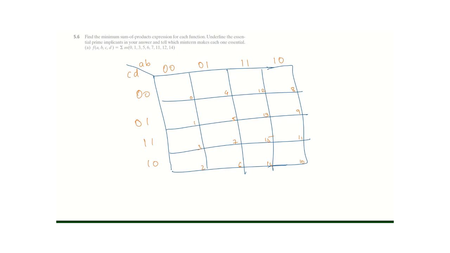now let's fill up the minterms. So this is one minterm, 0, 1, 3, 5, 6, 7, 11, 12 and 14.